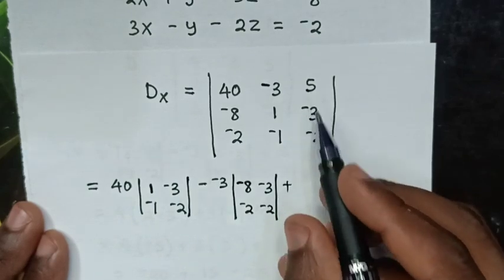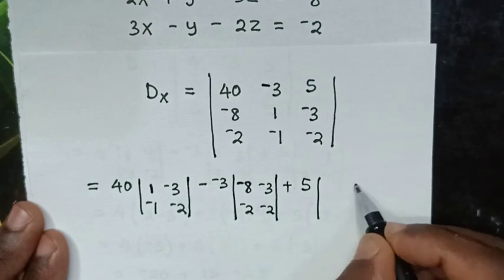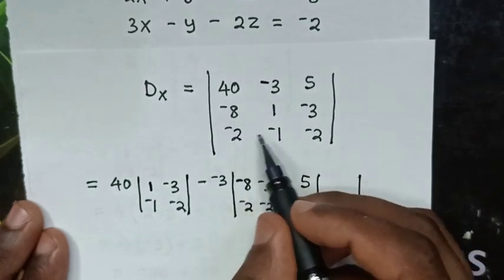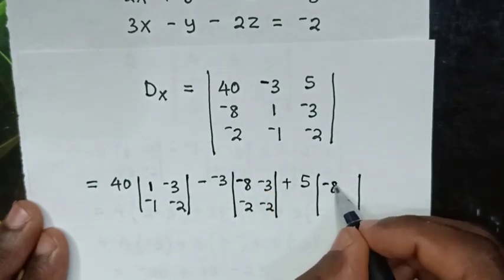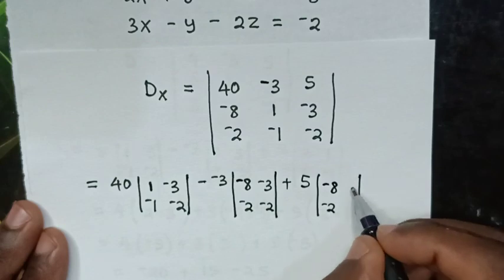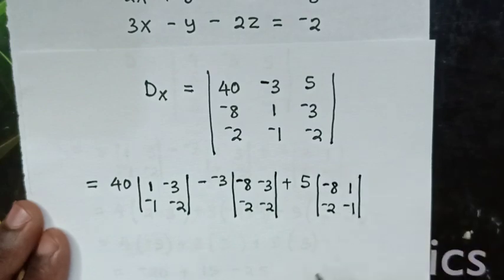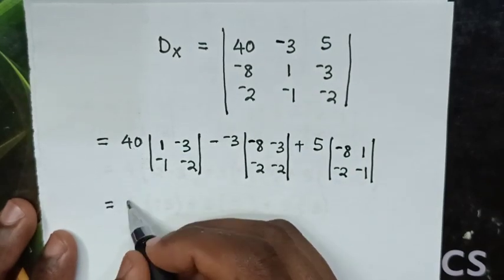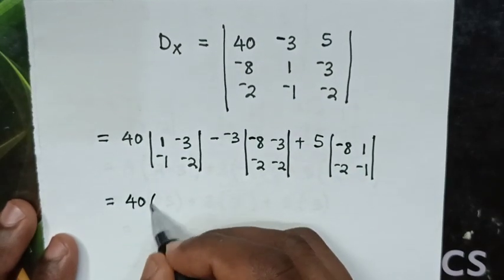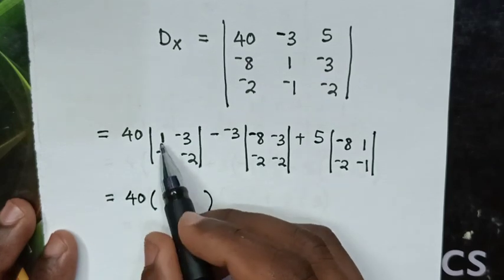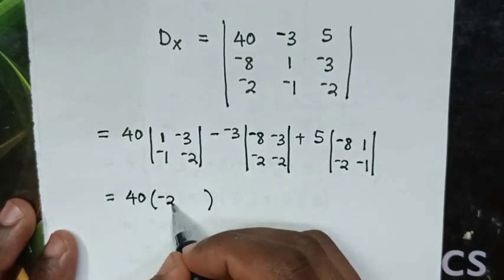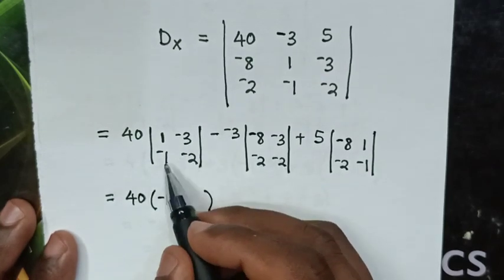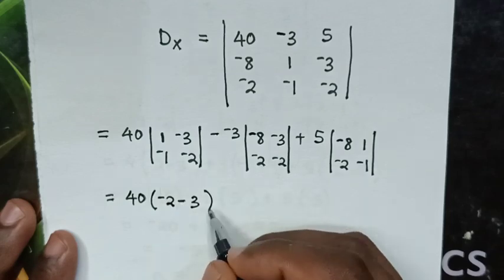Then plus 5 times the determinant of this column and this column, negative 8, negative 2, 1, negative 1. Then it will be equal to 40, then bracket 1 times negative 2 is negative 2, minus negative 3 times negative 1 is positive 3.